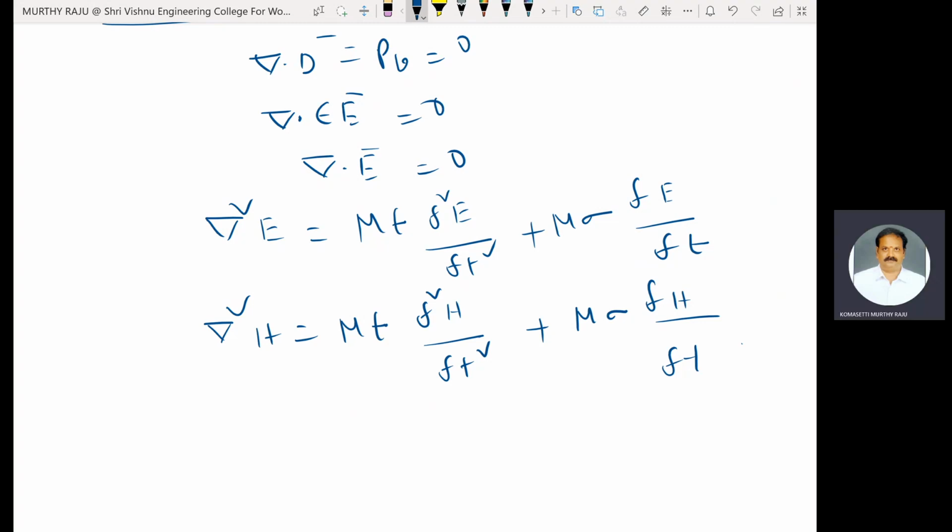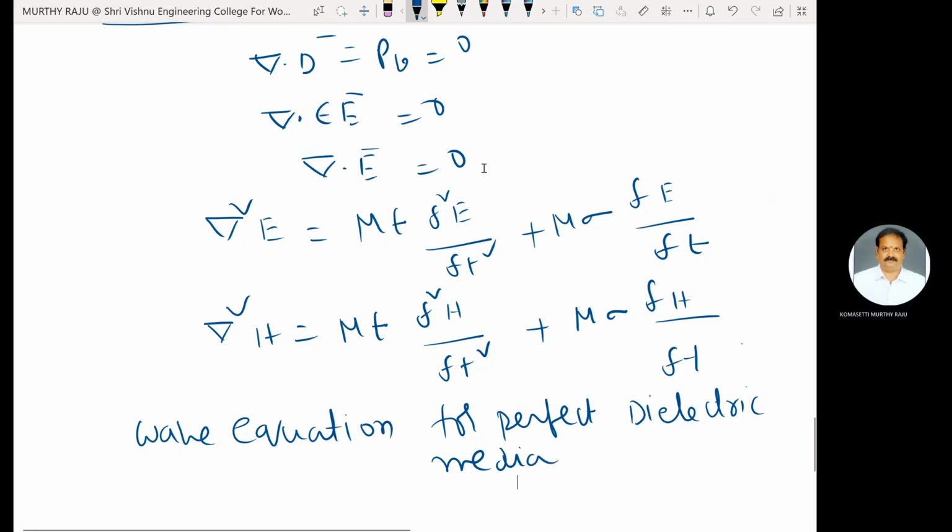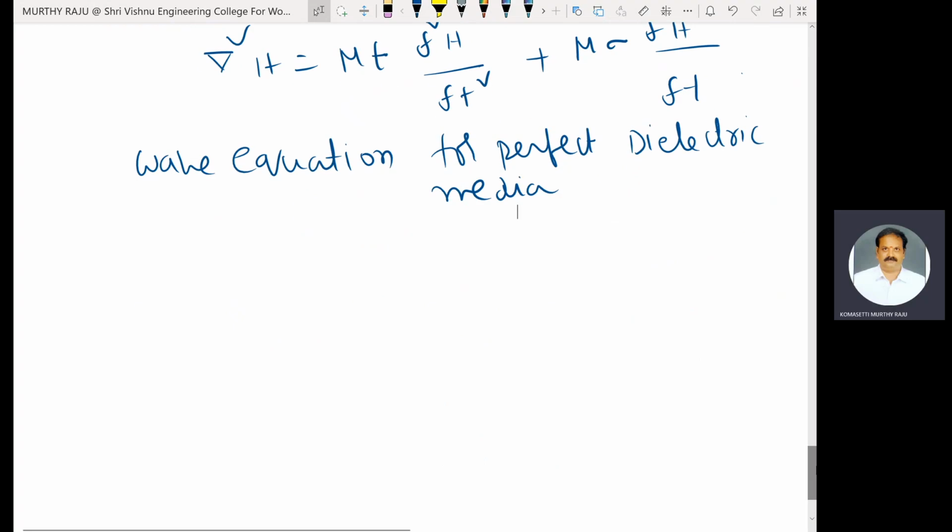Wave equation for perfect dielectric media, that is sigma is equal to 0.